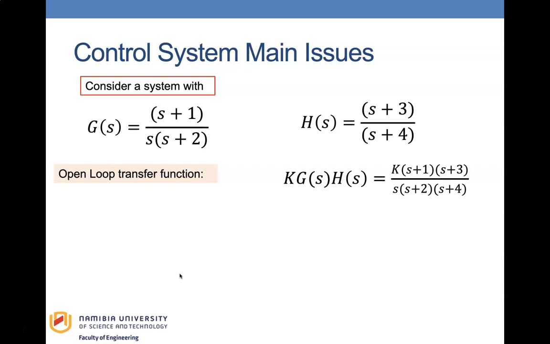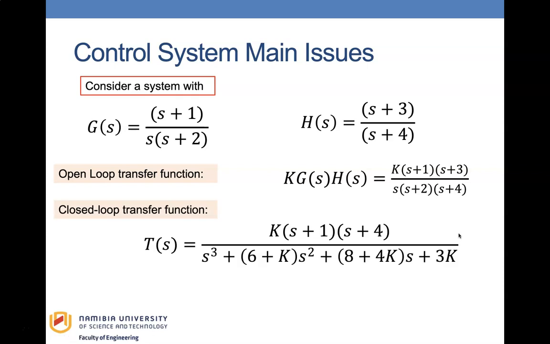We can see that the poles are easily known to be 0, minus 2, and minus 4. On the other hand, the closed loop transfer function will be given as K(s+1)(s+4) over s^3 + (6+K)s^2 + (8+4K)s + 3K.